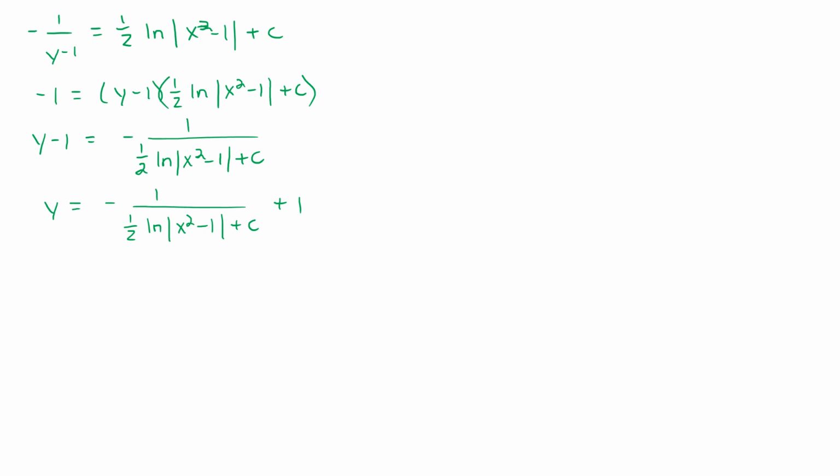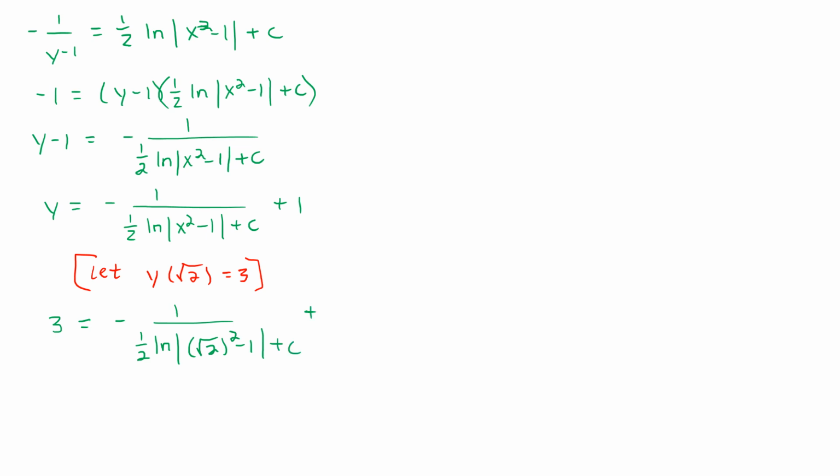Okay, so now we'll let our initial condition come into play, which is y of square root 2 equals 3. So when we substitute that in, we'll get 3 equals -1 over 1/2 natural log of square root 2 squared minus 1 plus c, plus 1.